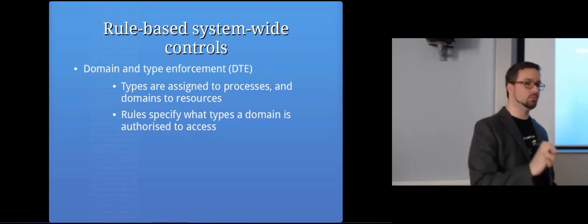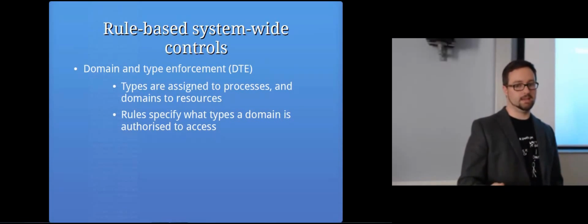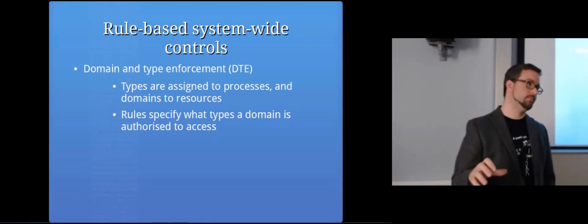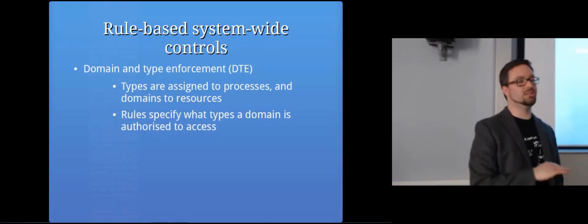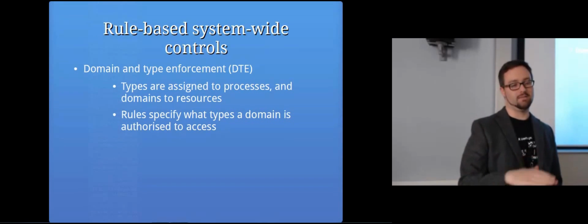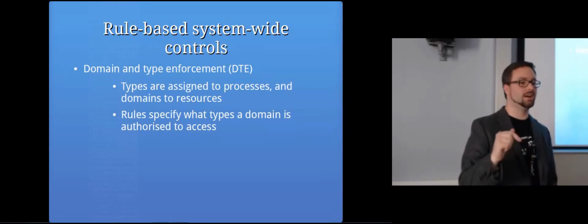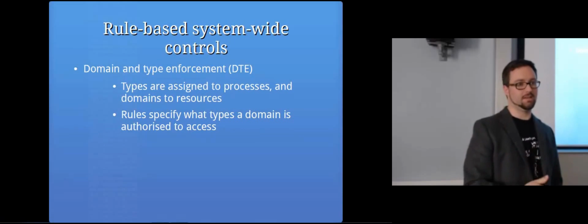And we actually label every file on the computer with a type that says what type that file is called. So we might say every file in a user's home directory is of type home directory. And then if we wanted a specific program to be able to access any of the files that are labeled that way, we specify a rule that says that.